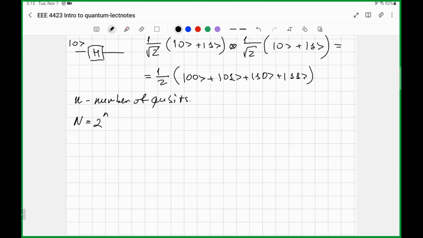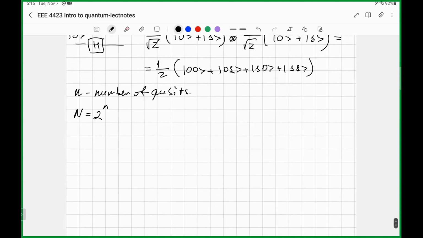For example, for a system with 3 qubits, this superposition will contain 2 to the power of 3, 8 terms, 8 elements, and so on.